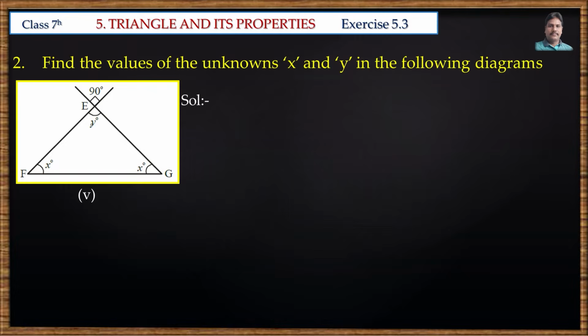First of all, we calculate the y value, that is 90 degrees. At vertex E, y degrees is equal to 90 degrees because they are opposite angles with a common vertex.